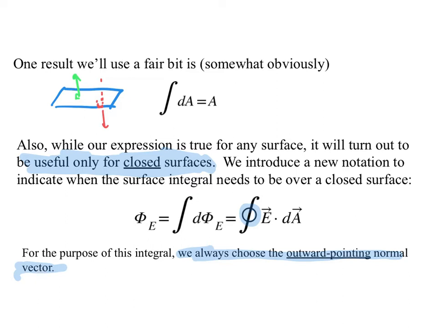So you'd have to decide which one you want, which is tricky and annoying. But for a closed surface, it's nice and simple. When we have any closed surface, there's an inside and an outside. That's what makes it closed. And we will always just take the one that points outward. Wherever we are, the thing normal to a tangent plane that points out of the surface. This is one of the cases where we could have chosen the other. It would just flip the sign for everything, and we don't do it that way.